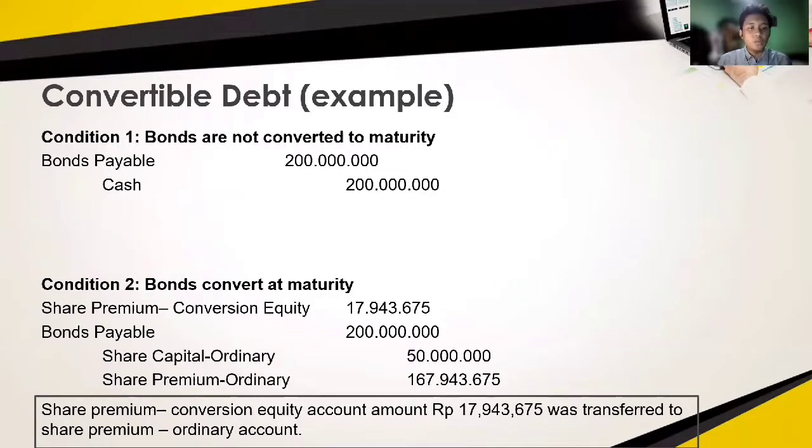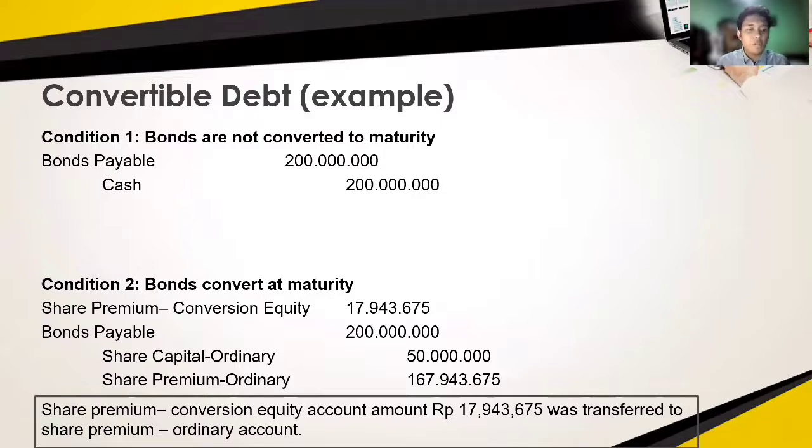And in condition 2, bonds are converted at maturity. The journal entry is we debit share premium conversion equity amounting to 17,943,675 rupiah, and we debit bonds payable 200,000 million rupiah, and we credit share capital ordinary and share premium ordinary.